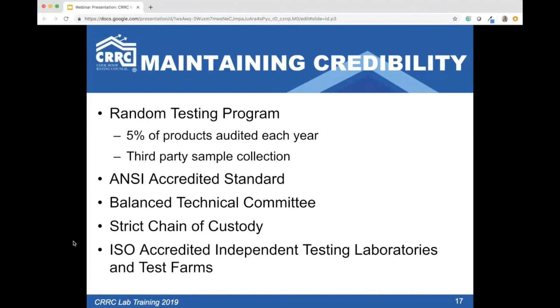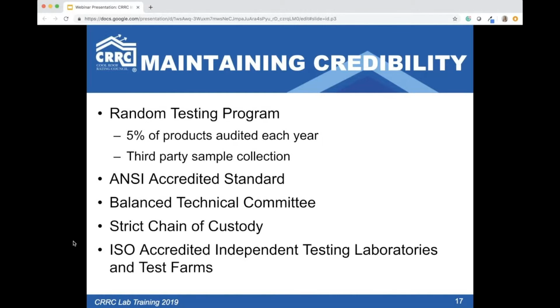We also make sure that there's a strict chain of custody throughout our product rating process. So basically, that just means that when a sample is going for a rating, as soon as it leaves the licensee, it's not going to go back to the licensee until it has fully completed its aging process and its aged product rating process.